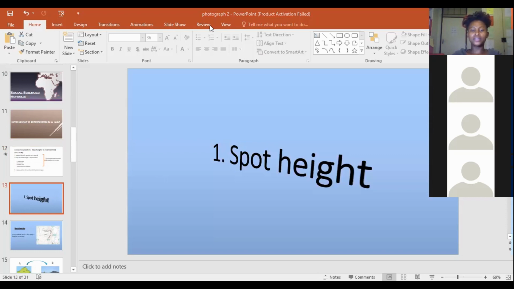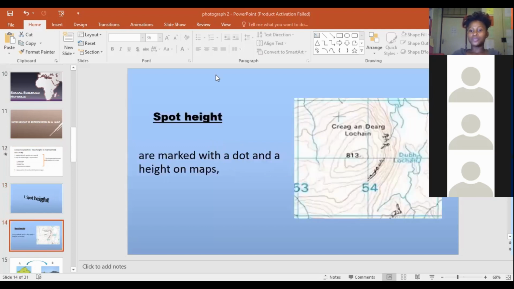All right, let's bring our A game. Our first starter is a spot height. A spot height is really simple. It can be easily seen on a map. Do you see the blackboard? Yes, ma'am.